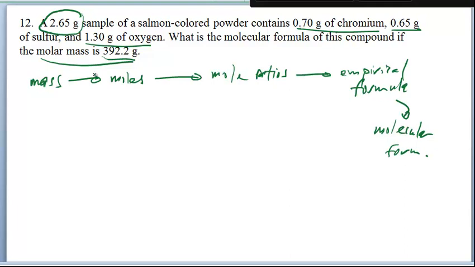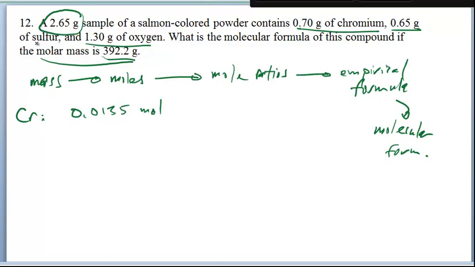Okay, so that's the chain, that's the sequence that we're going to need to work through. All right. First, chromium. So we have 0.7 grams, and when you divide that by the atomic mass of chromium, which is 52, you will get this many moles, 0.0135. And these are all moles.